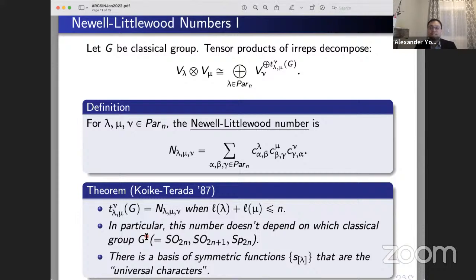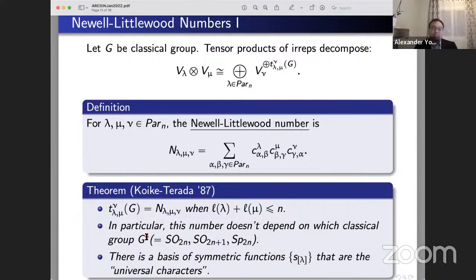They're the same number for Dynkin types B, C, and D. Sorry, when you say classical groups, you're specifically excluding type A for this slide? Yeah, sure, outside of type A. For these classical groups, yes, exactly. They're all the same numbers in that range.